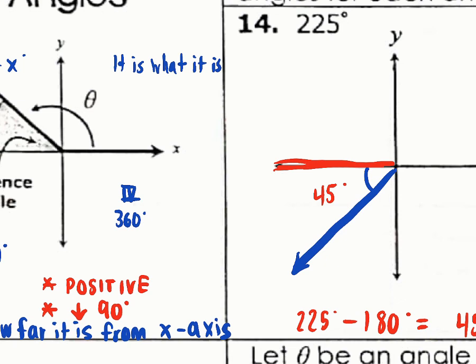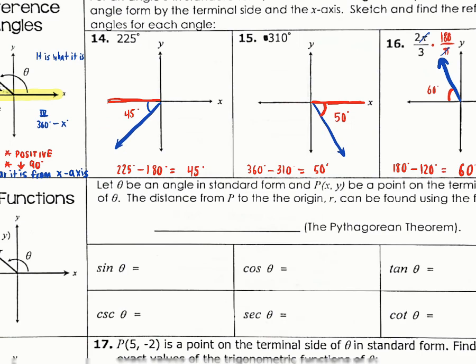And that's how you find your reference angle. Because those will always tell you how far they are from your x-axis. Does everybody understand that? It's so easy, okay? Don't let reference angle be difficult. Sometimes people do. Don't.